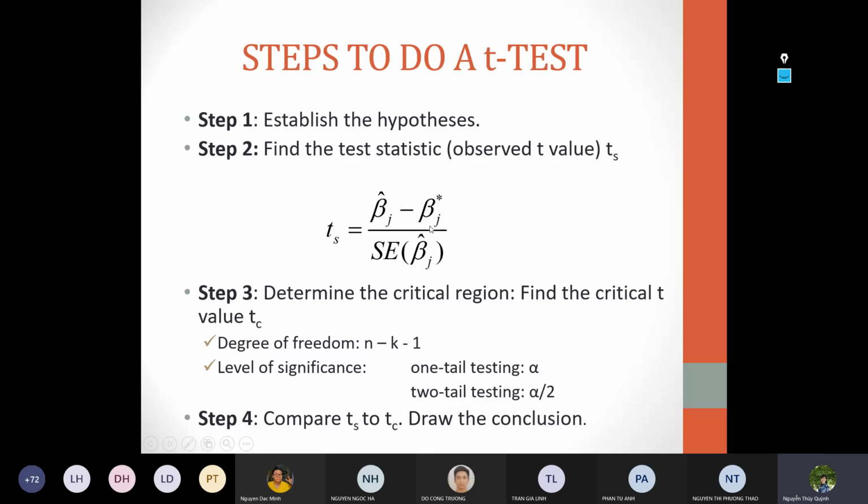All right, so do you remember the formula for TS that we talked about at the beginning of this chapter? What is the formula for the observed value of t?